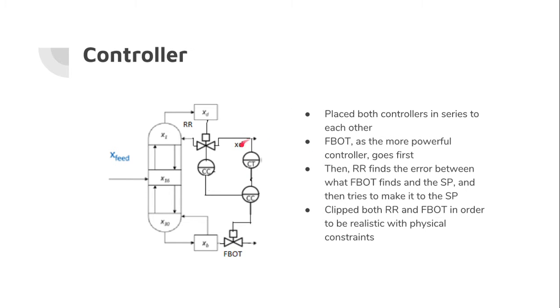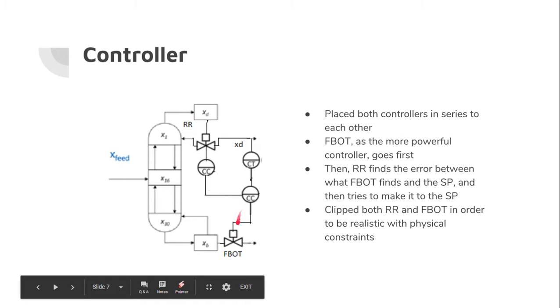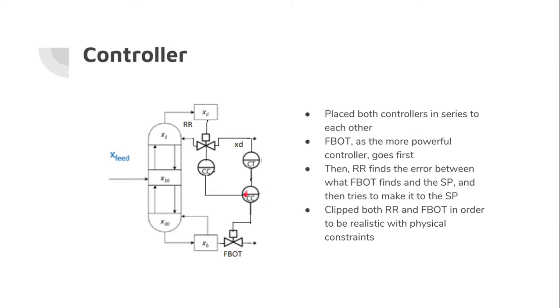When we set up the PID controllers, we also looked at a parallel setup, but we found that the setup with the controllers in series is a great way to use F-bot, which has a much larger response on XD, to make changes to what it wants to do with the set point, and then the reflux ratio will make its changes to make a better XD process variable, which is then transmitted on the next iteration through our controllers in series.